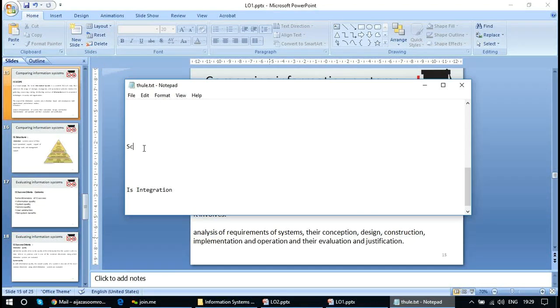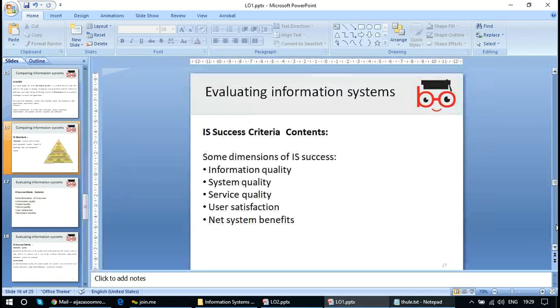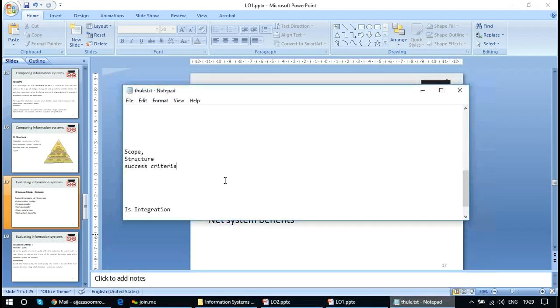Scope, structure, and then success criteria, and integration.